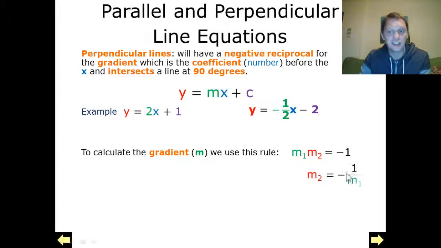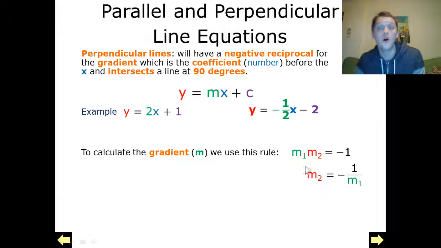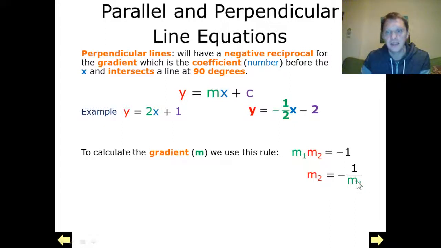I could rearrange this to calculate my new gradient. Bear in mind that this m1 would be multiplying. So if I took this from this side over to this side, it'll be negative 1 divided by m1, or I could divide both sides by m1. As an example, I've got y equals 3x minus 4.